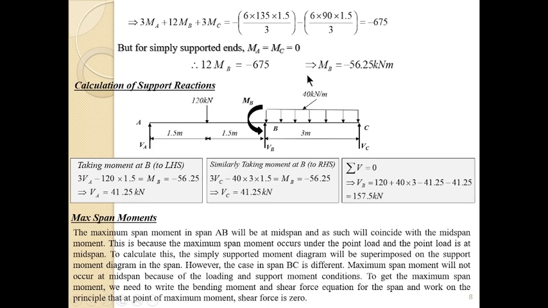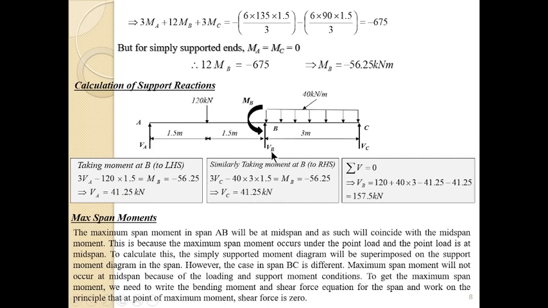When we change it to a point load, it will be located halfway of the UDL. That makes the perpendicular distance 3 over 2, which is 1.5. So that's why we have multiplied by 1.5. Then we equate it to the bending moment that we know, MB, which is minus 56.25. If we solve for the unknown VC, that gives us the reaction at C as 41.25.